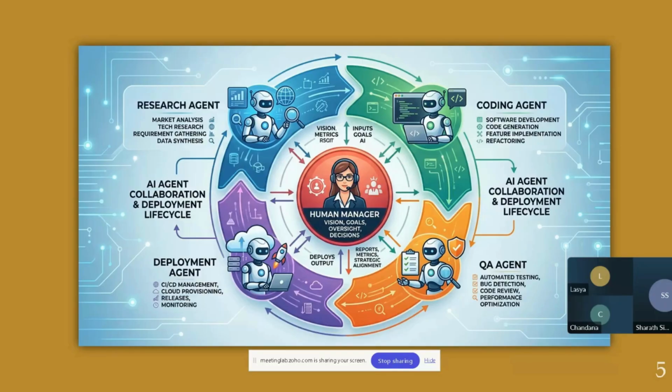These coding agents help developers improve their productivity. They help developers generate code, fix bugs, or perform documentation. We have QA agents which can automate our testing process.